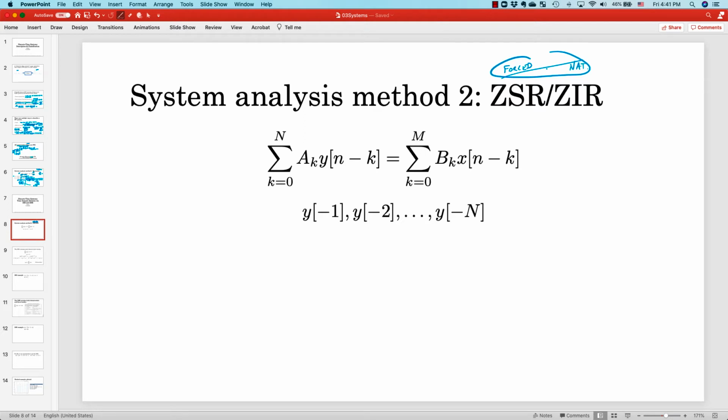That sounds a little more complicated than I wanted it to be, but long story short, we're going to treat the ZSR and ZIR as different things than the forced and natural response.